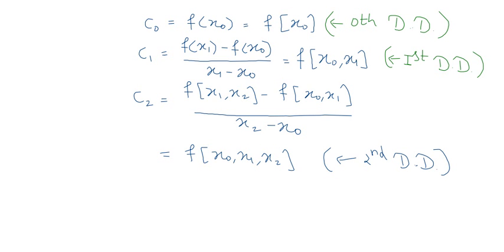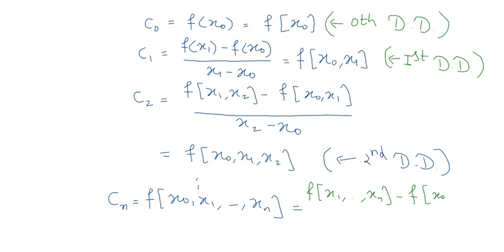Indeed, we have given the formula for higher order divided differences: cn, which depends on x0, x1 and so on till xn, was given by f of x1 to xn minus f of x0 to xn minus 1, divided by xn minus x0.